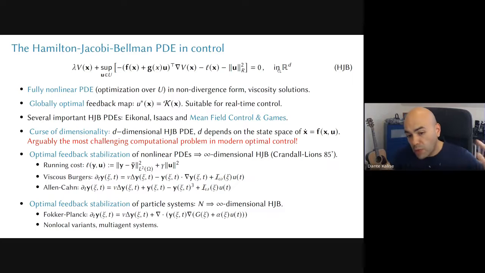If you have now a swarm of 1,000 quadrocopters, your state space is a 10,000 dimensional state space, and the partial differential equation that you have to solve is in a domain of 10,000 dimensions. So this becomes very quickly very high dimensional, because the dimension of the PDE is governed by the dimension of the state space of the system that you want to control.